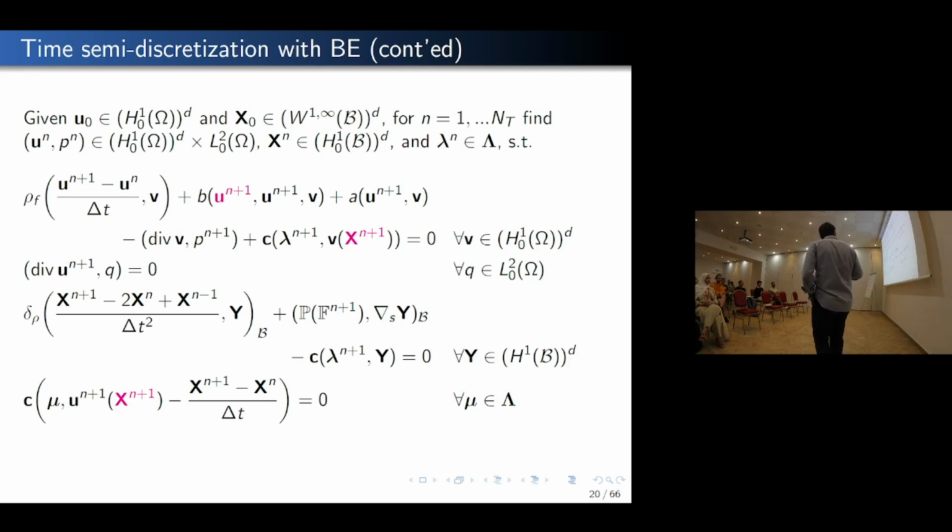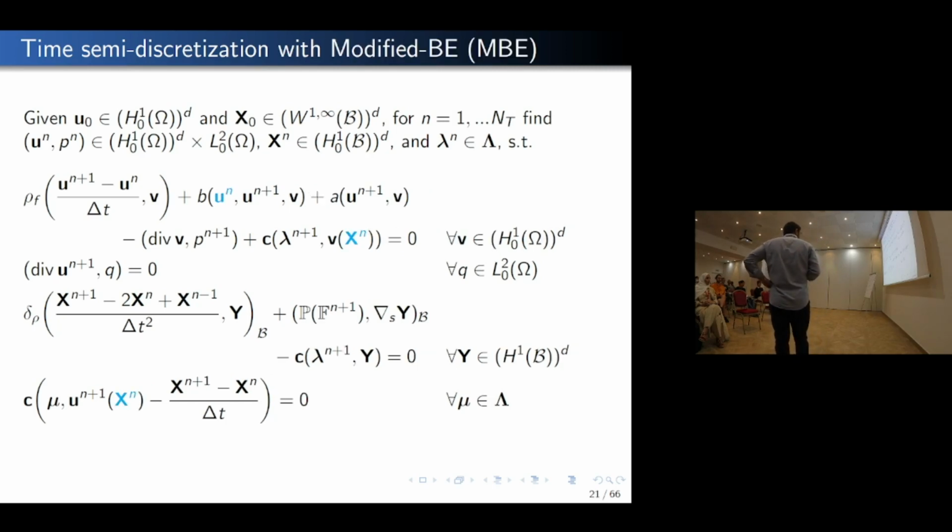So instead of using this backward Euler method for the time discretization, we move to a modified backward Euler, where instead of using u^{n+1} and x^{n+1}, we use u^n and x^n since we have already computed them.